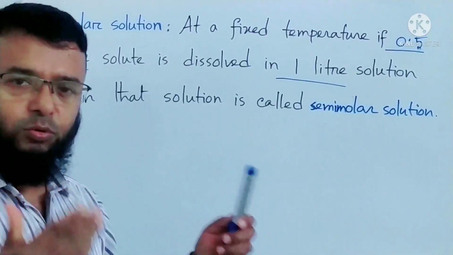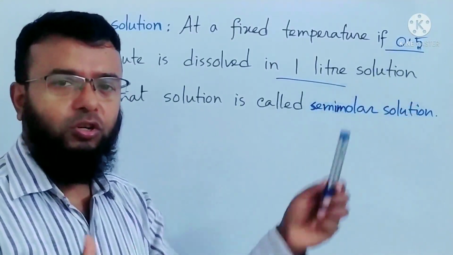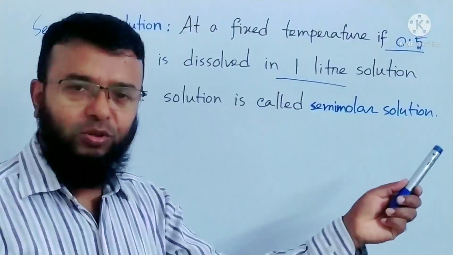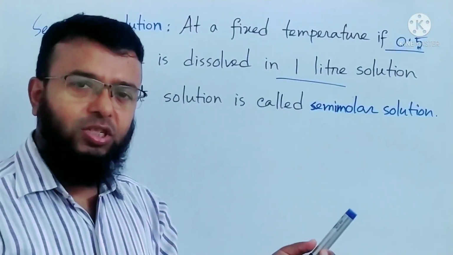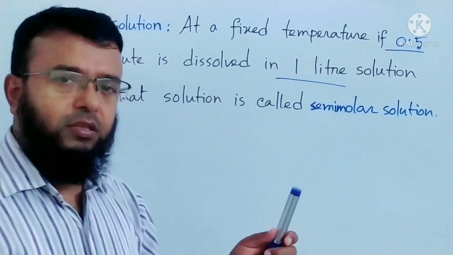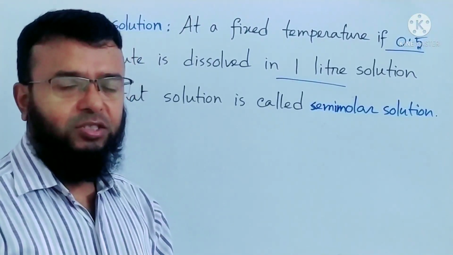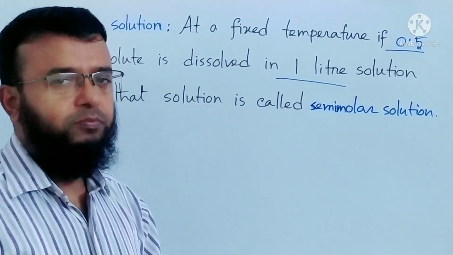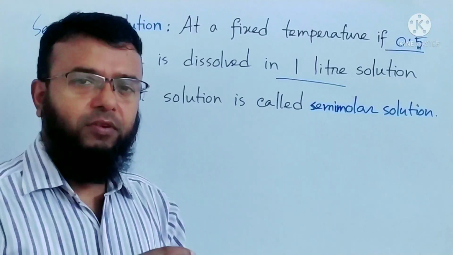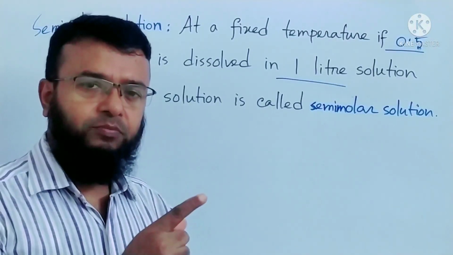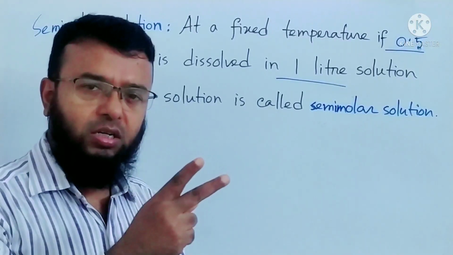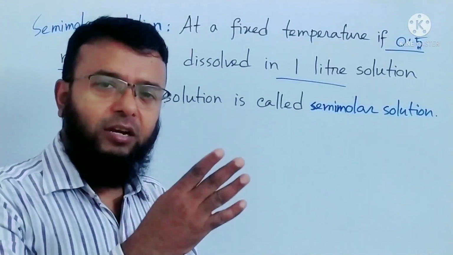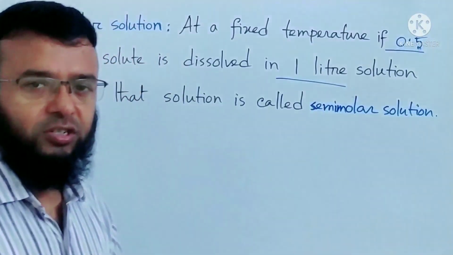Then I have written decimolar solution, that was 0.1 mole solute. Then I have written semimolar solution, that is 0.5 mole solute. Then molarity of the solution, if the number of moles dissolved in every liter solution at a certain temperature, then that is called molarity of the solution. So from this phase I have given 4 definitions. First one, molar solution. Second one, decimolar solution. Third one, semimolar solution. And fourth one, molarity of the solution.